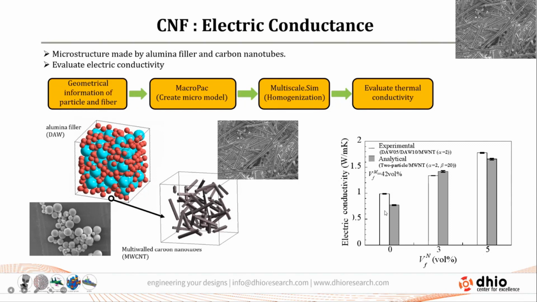You can see we have compared the experiment, the analytical, as well as the simulation results, and we have seen that there is a good agreement between the experiment and the simulation. This is how the multiscale sim was validated for the electrical conductivity in the presence of carbon nanotube pillars.